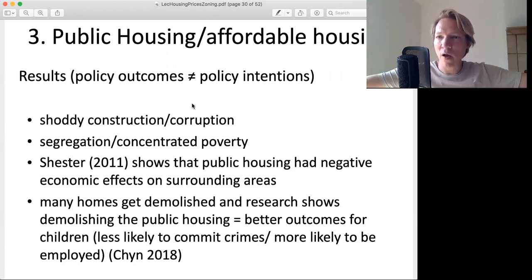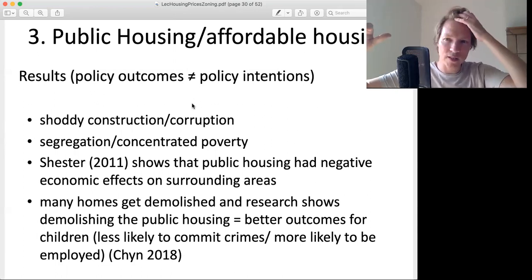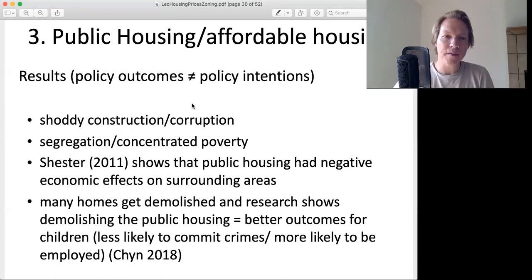And then people living around the high rises start fleeing the areas, so you're driving down the prices around the high rises. When you build these high rises, you're concentrating the poverty of the city in one area and essentially cutting that part of the city off from the rest of the city. People know, okay, we're not going to go there. Businesses don't locate there.